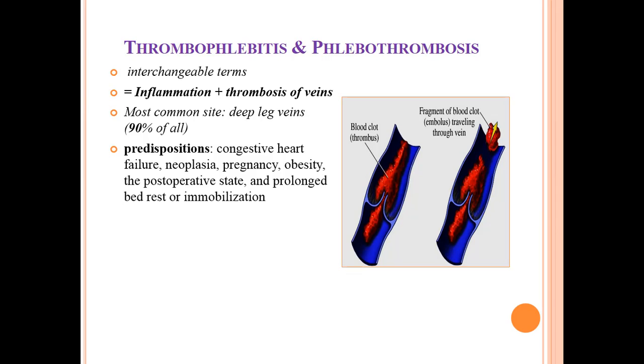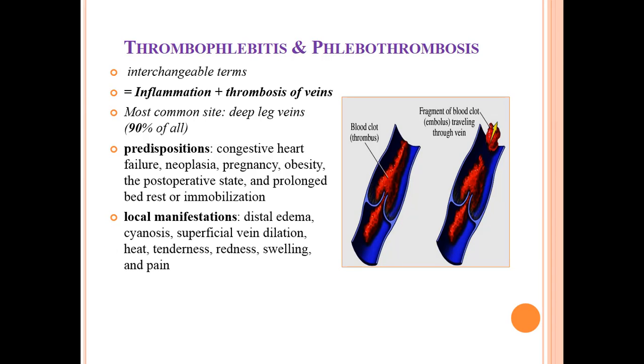And as you can see, all of these factors have been discussed before in our first lecture, when we talked about risk factors for venous stasis or for blood stasis or abnormal blood flow. So anything that leads to blood stasis, especially in the venous side of the circulation, might act as a risk factor for development of thrombophlebitis.